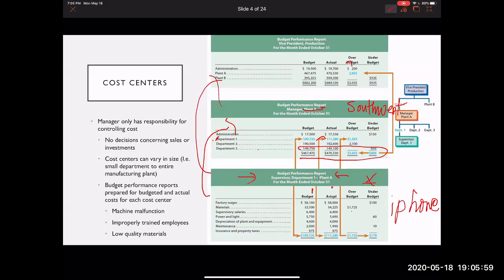And now this is what goes to the vice president or your CEO or your CFO. They're looking at the bigger picture, right? They're not looking at these smaller details. They're looking at the overview.